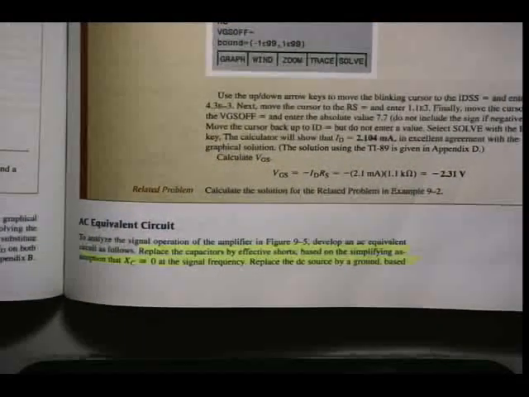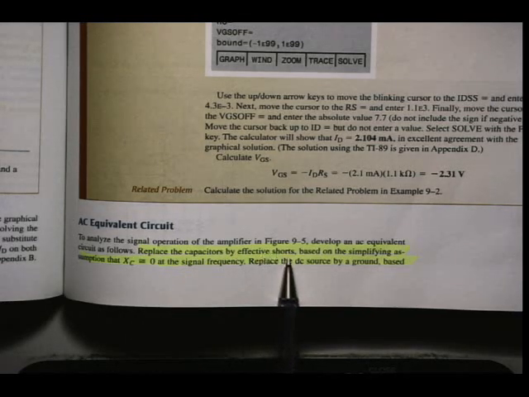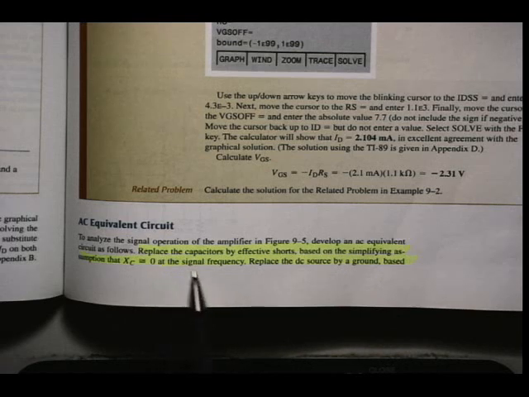To analyze the signal operation of the amplifier in figure 9.5, develop an AC equivalent circuit. Can you remember what I have to do? It goes about the capacitors and the DC supply again. Replace the capacitors by effective shorts based on the simplifying assumption that XC is equal to 0 at the signal frequency, and replace the DC source by a ground.